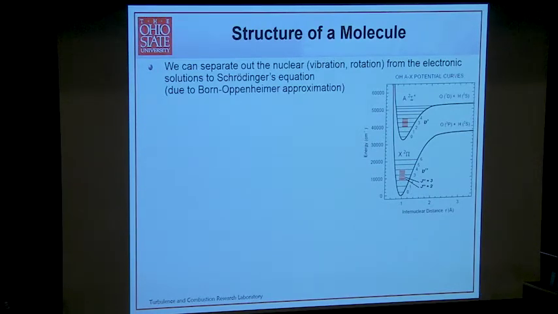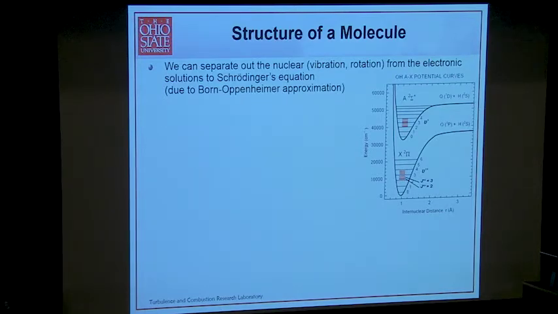All right, so due to the Born-Oppenheimer approximation, we can actually separate out the nuclear solutions from the electronic solution to Schrödinger's equation. The nuclear being the vibration and rotation action, and we can remove this from the influence for now of the electronic solution. And again, remember, electrons are moving fast from their viewpoint. The nuclei are remaining fixed.